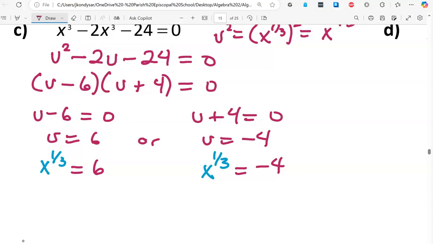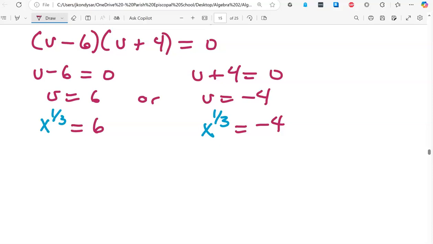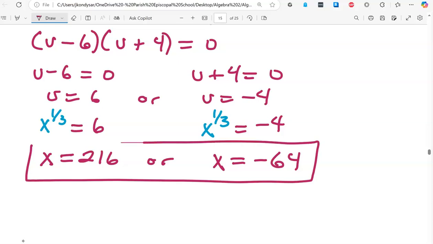And x to the 1/3 really represents a cube root of x, so we can solve by cubing both sides. If we cube both sides here, we get 216, and if we cube both sides here, we get -64. Notice that we don't generate an extraneous solution for a cube root equation, whereas we can generate an extraneous solution for a square root equation.